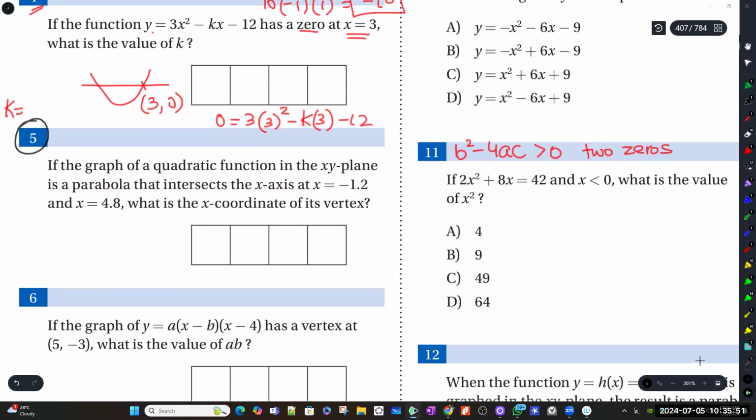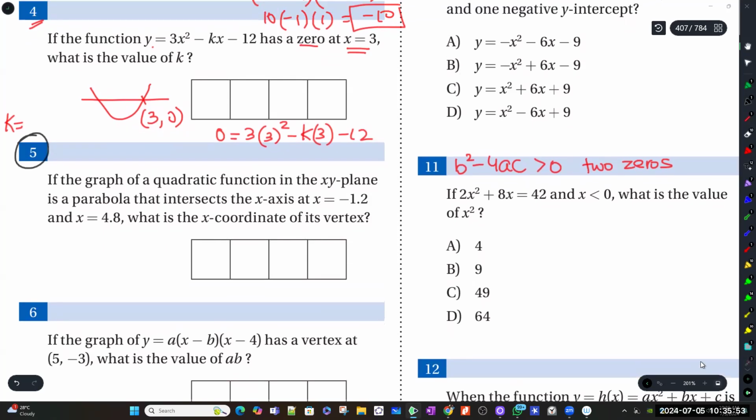Okay, Ayat. Question number 5. Simple solution. Ayat, what's the answer to 5? 1.8.